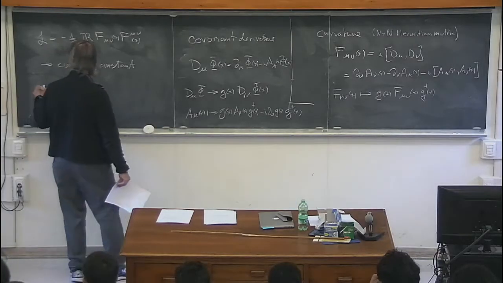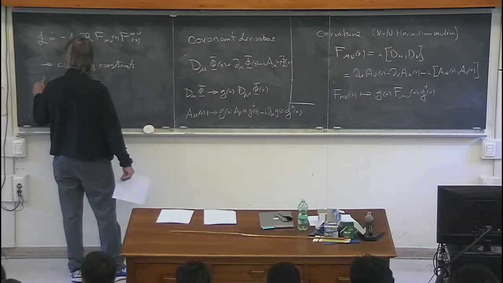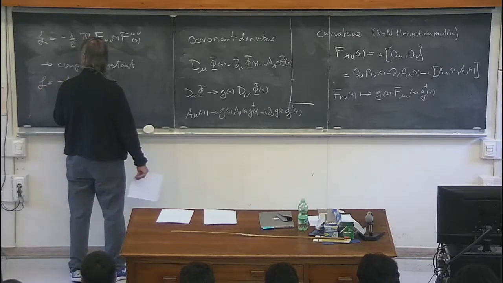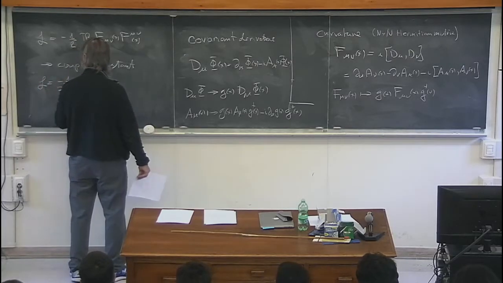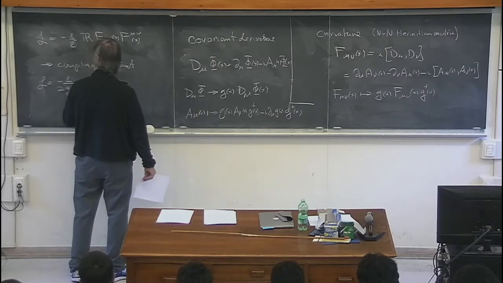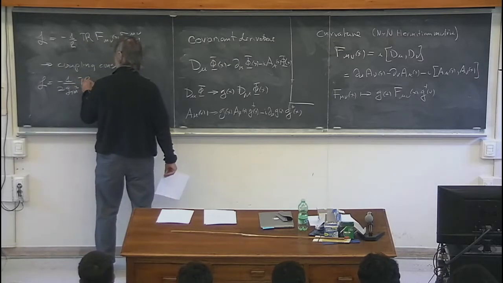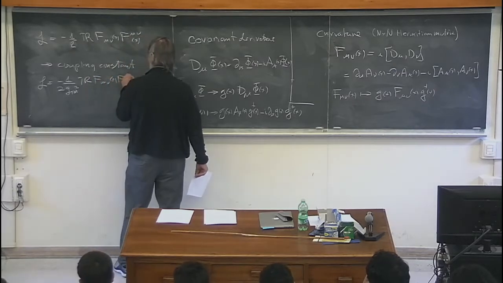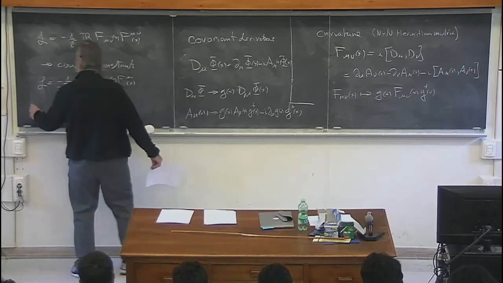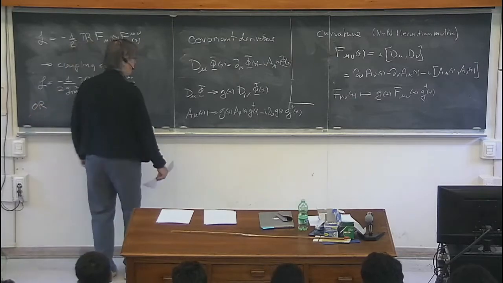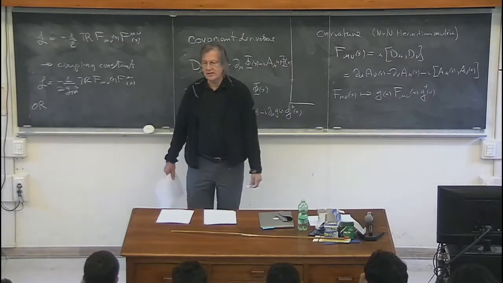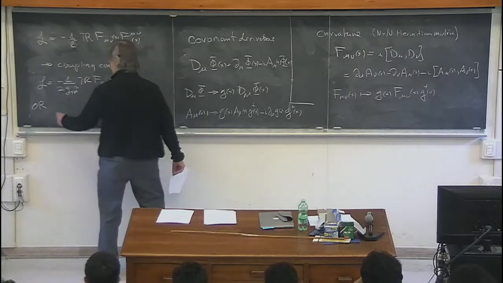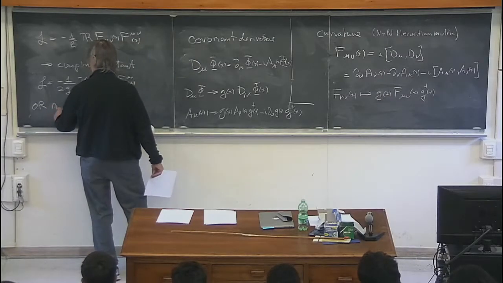You can put a coupling constant in one of 2 places. You can put it in front of the Lagrangian density. Or, in all of these expressions over here, you could put it in front of A mu of x.